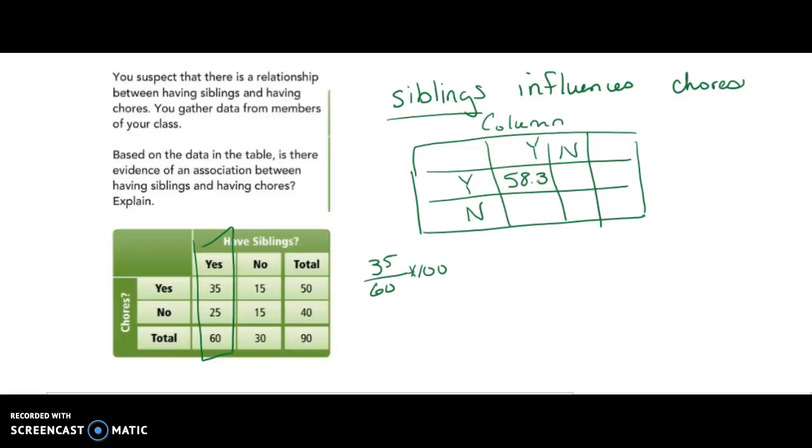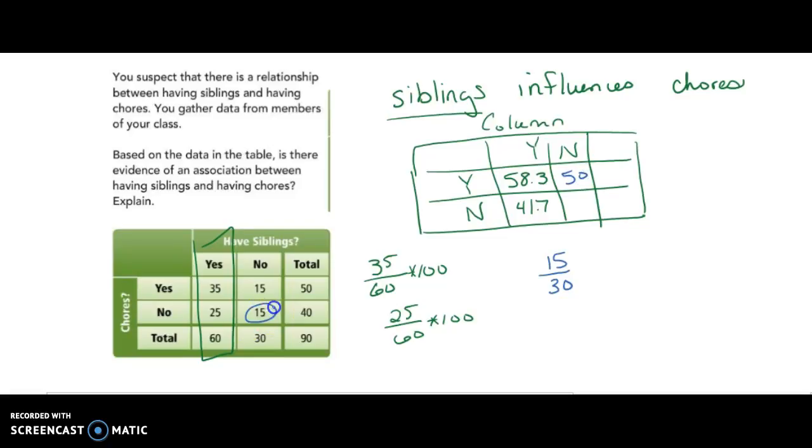People who have siblings but do not have chores are 25 out of 60 times 100, and that's going to give us 41.7%. People that do not have siblings, 15 out of the 30 people is going to give us 50%.